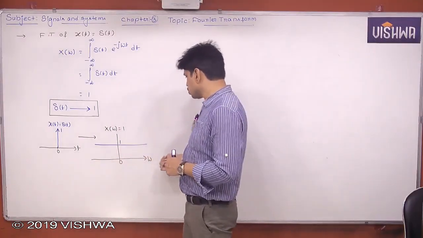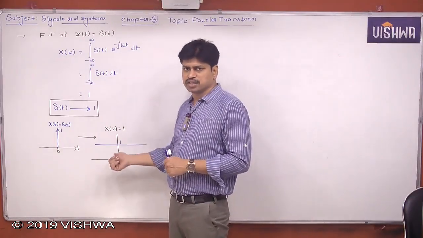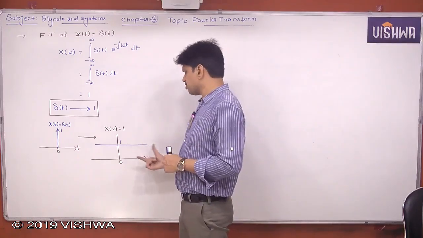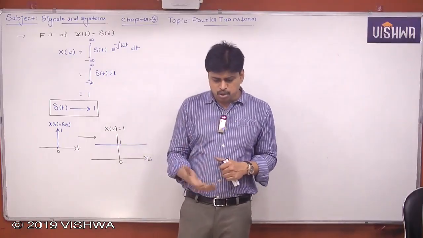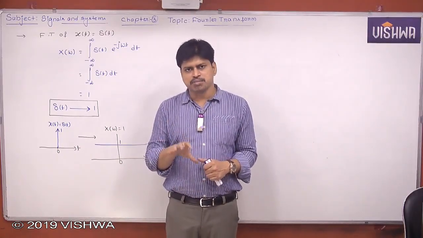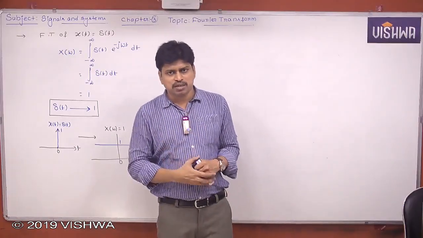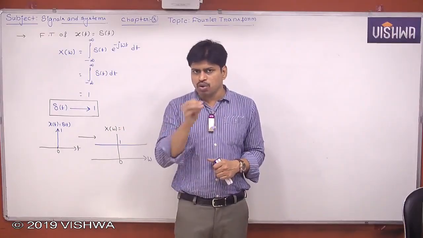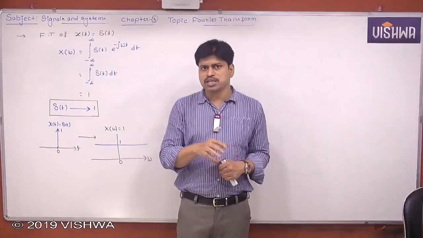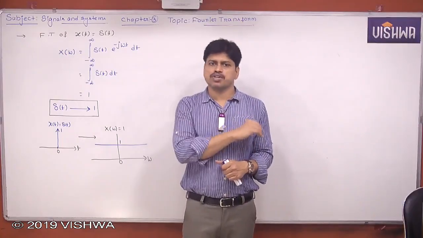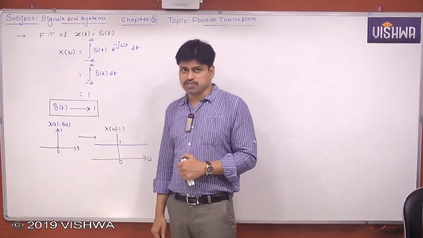What frequencies are present in delta t? That is 0 to infinity, every frequency having the same magnitude. That's why LTI systems are mainly represented with the impulse response. What do you mean by that? If you know the output for an impulse function, which is the impulse response, then you know the response for all the frequencies, because the impulse function has all the frequencies.